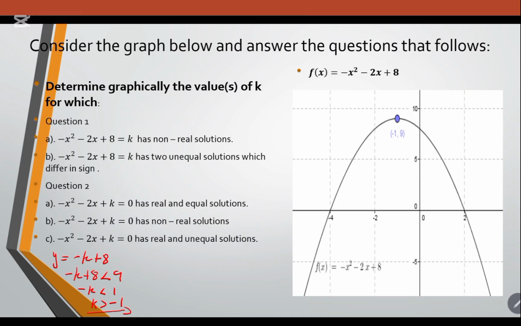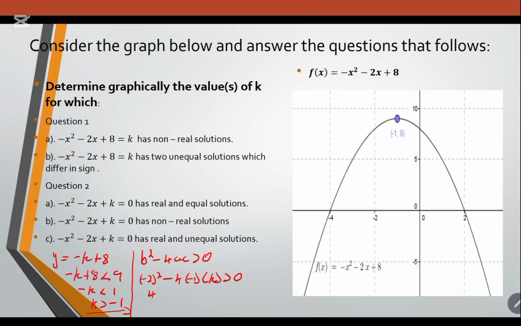And we can also prove using delta. If delta is greater than 0, therefore the roots will be real and unequal. So if b squared minus 4ac is greater than 0, and we know that this is negative 2 squared minus 4 times negative 1 times k is greater than 0.